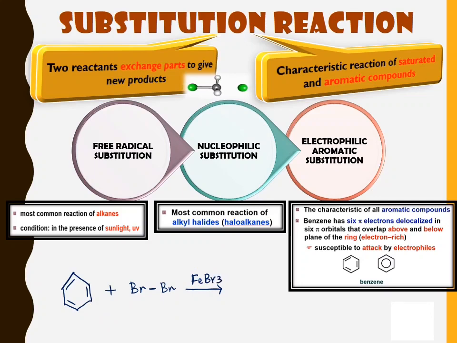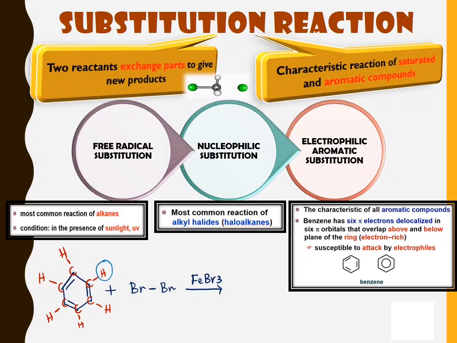So what happened here? In benzene we know that it contains 6 carbon and 6 hydrogen. Here 1, 2, 3, 4, 5, 6. So each carbon bonds to one hydrogen atom. So how does it react with bromine gas? That's why substitution reaction must occur here. One of the hydrogen is removed and one of the bromine substitutes into the benzene ring. We are going to remove this hydrogen.